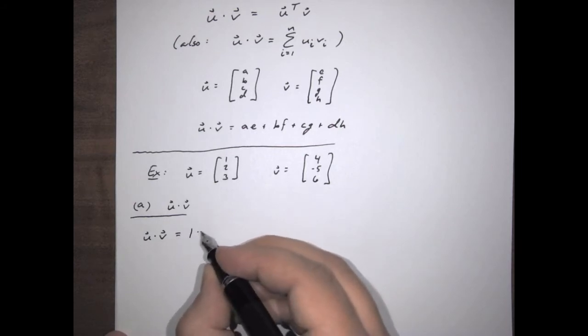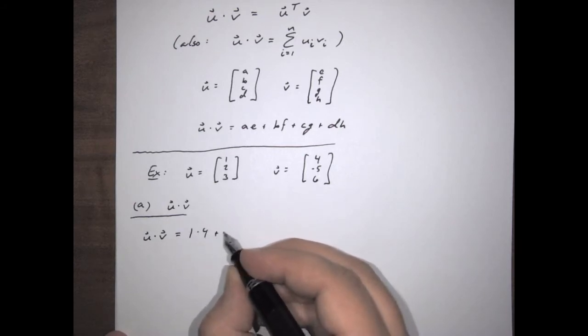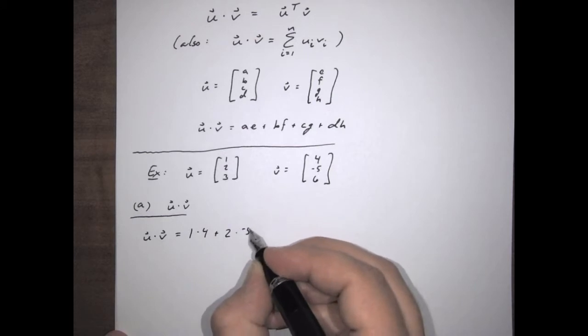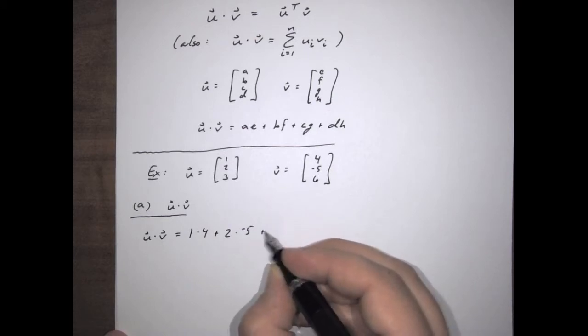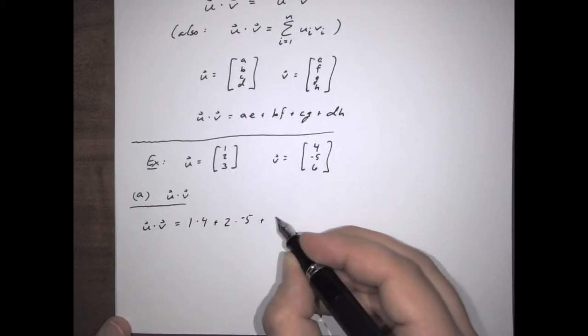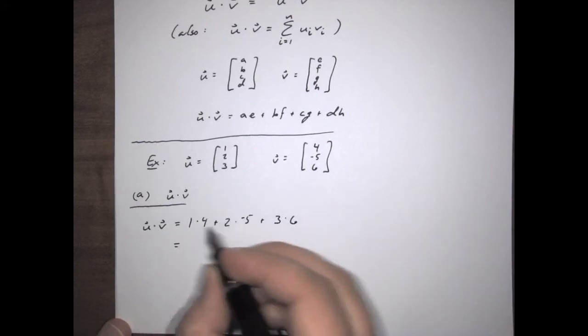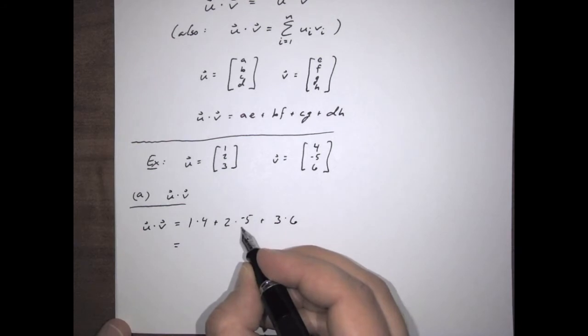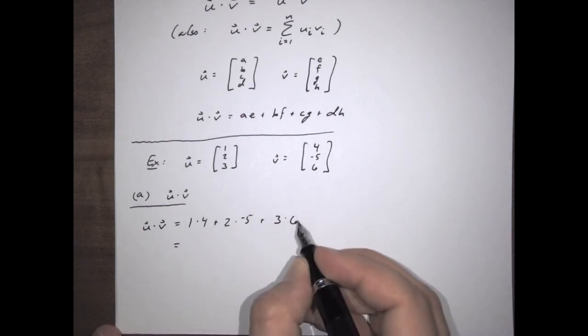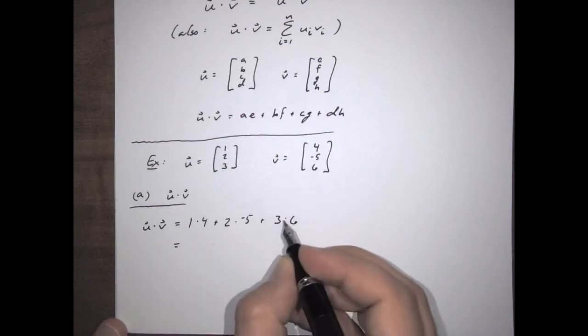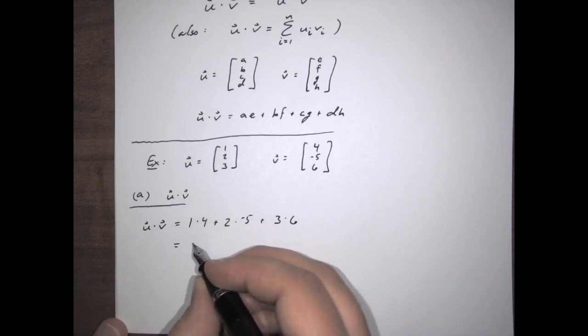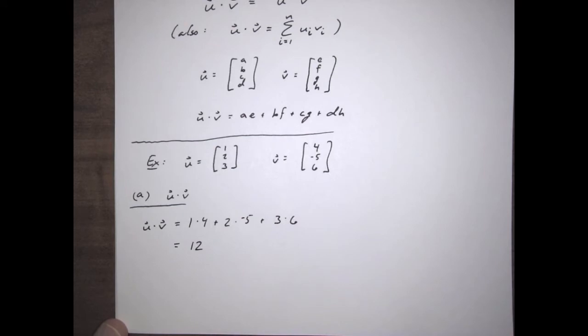So this would be 1 times 4 plus 2 times -5 plus 3 times 6, which would just be 4 minus 10 plus 18, so I believe it's going to add up to a total of 12. Alright, so u dot v looks like that.